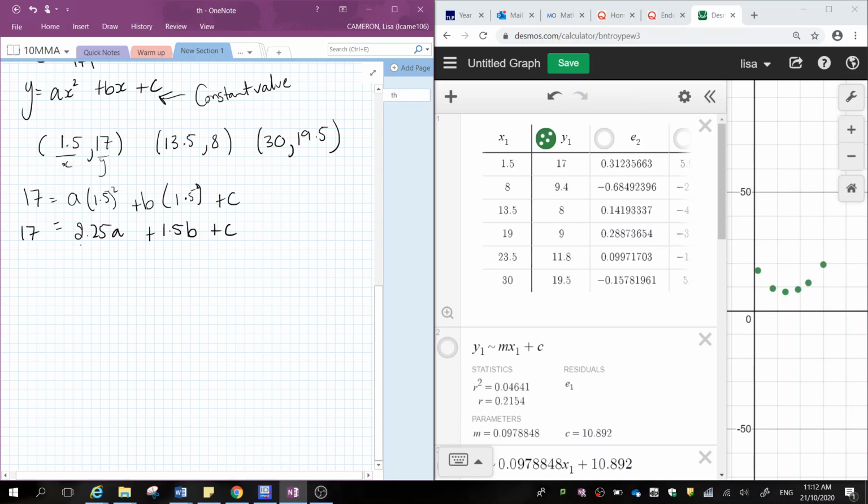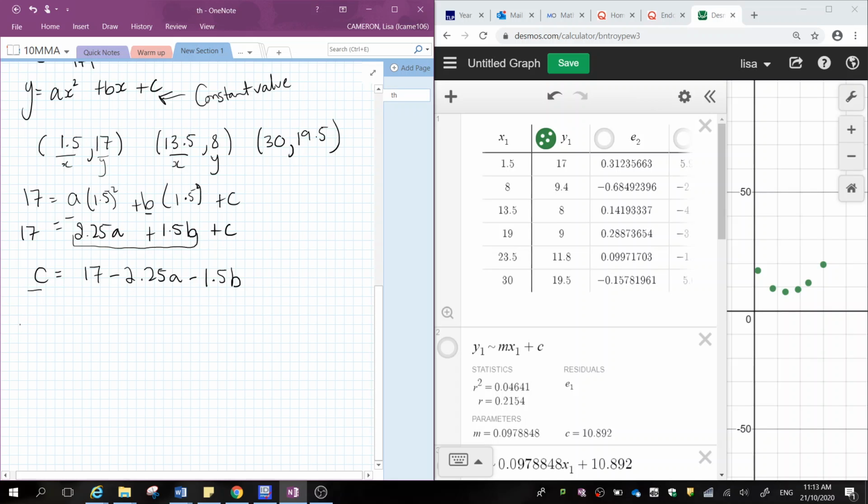And I'm going to move the a and the b to the other side by making them both negative. So whatever the symbol was there, I'm taking them to the other side. That's going to leave me with c equals 17 minus 2.25a minus 1.5b. Okay, now I'm going to use this as my c value, and I'm going to substitute this one in as x and this one in as y into the equation again, but instead of having c, I'm going to use this.